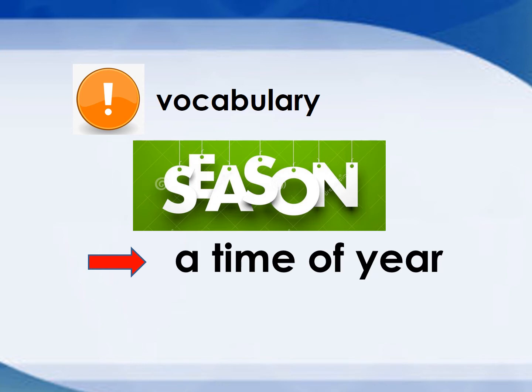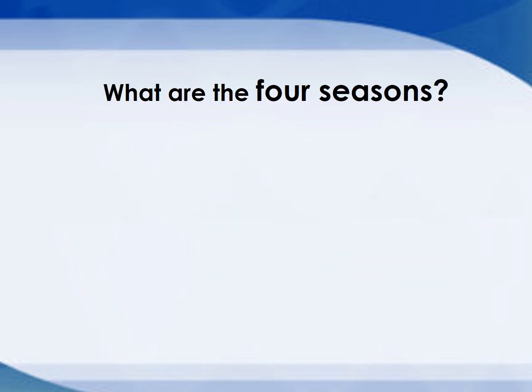Great. Now can you say the word again? Very good. Alright. How many seasons are there in 1 year? 4. Very good. So you're right. We have 4 seasons in 1 year.